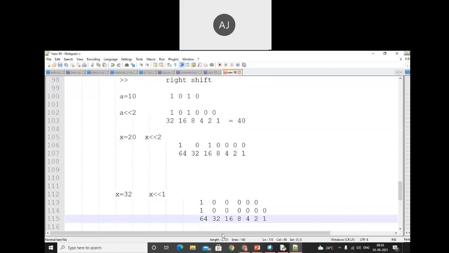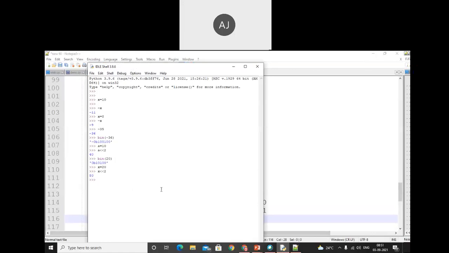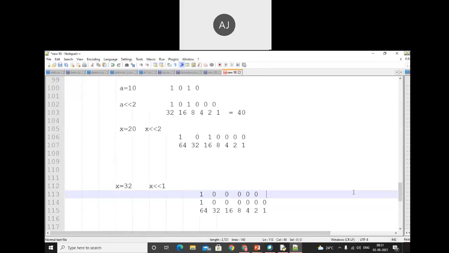The value of 0 is 0 only, so we don't take it in the addition; if it is 1 then we do. So we get 64. The output will be 64. Let's try that: x = 32, shift 1 bit. Shift only 1 bit, so we get the output. Okay, I hope you get the idea regarding the left shift operator. Similarly, we will do it for the right shift.